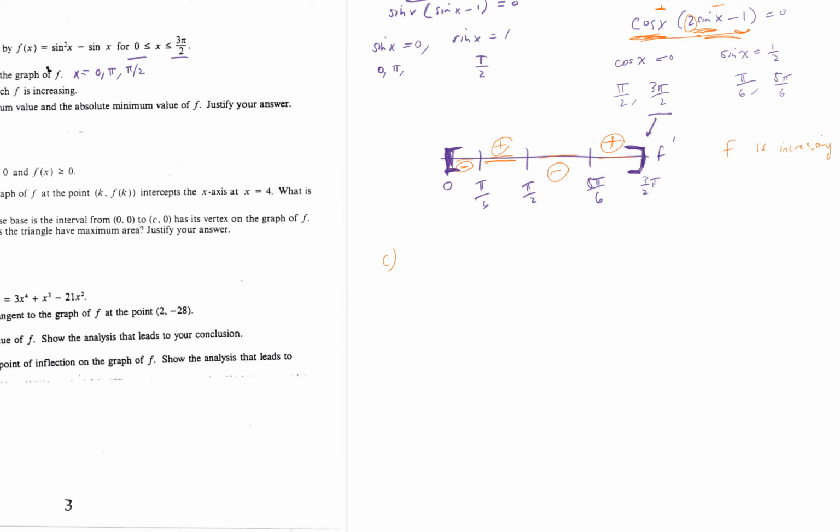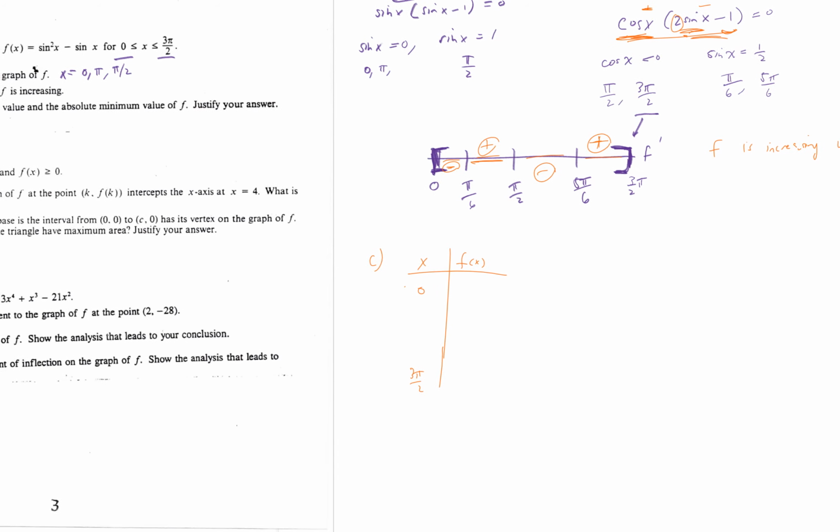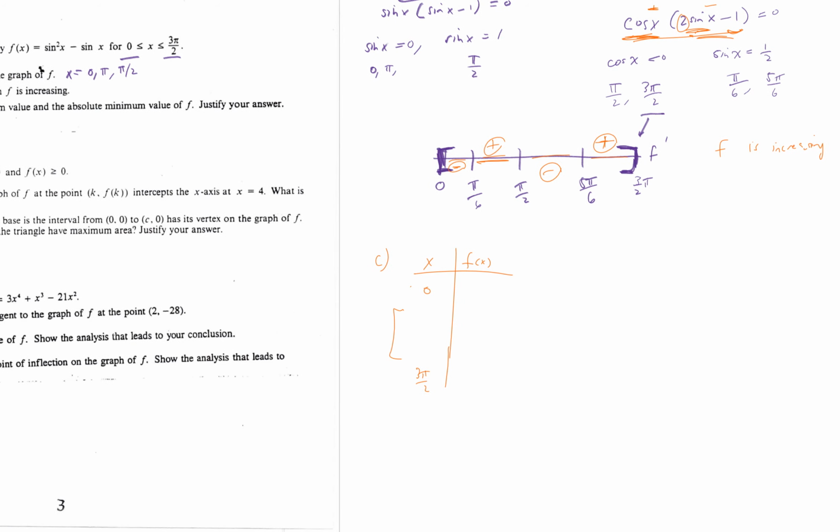Continuous from A to B, right? So let's see. I'm going to go ahead and put the x values. What are the boundaries? 0 and 3 pi over 2. And in between, we're going to put all the critical values, which are pi over 6, pi over 2, and 5 pi over 6.